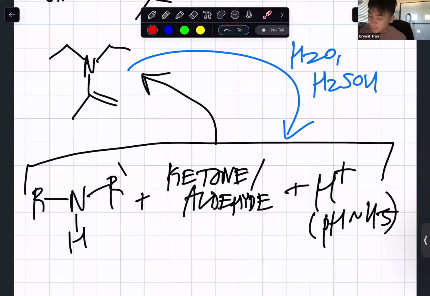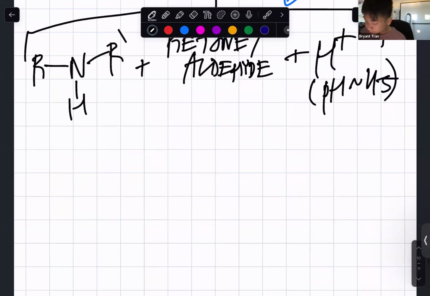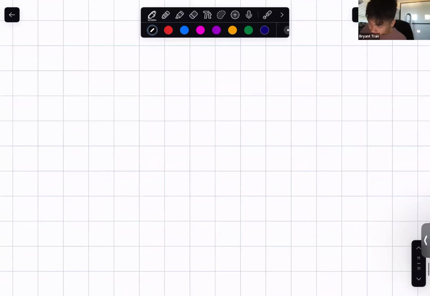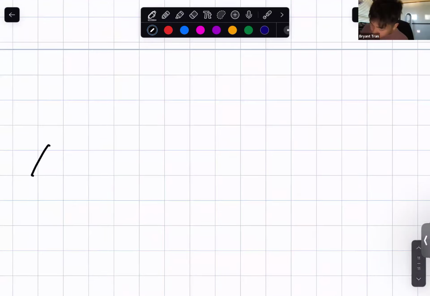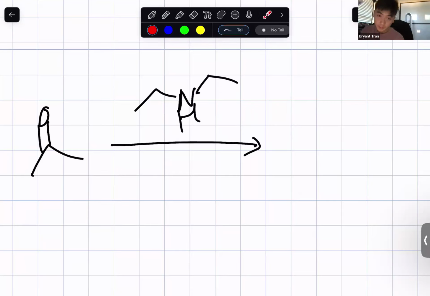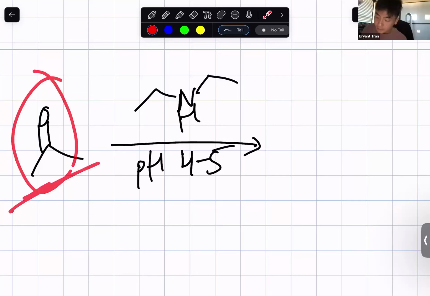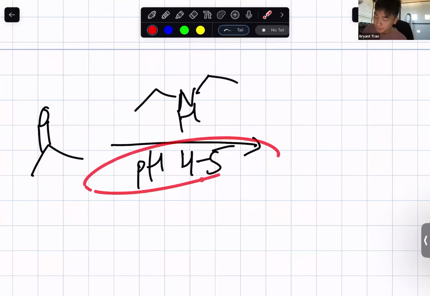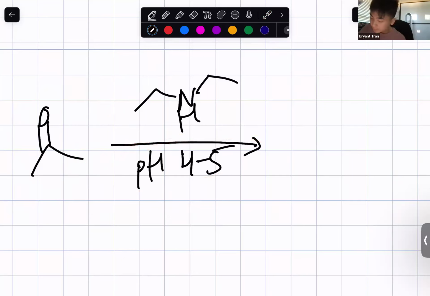Okay. Now, let's talk about an example here. Let's say, for example, we have this simple ketone reacting with this secondary amine here. I'm going to show you how to predict the product quickly, right? We know that we have our three ingredients for enamine formation: a ketone or aldehyde, a secondary amine, and a pH of 4 to 5 acidic conditions.